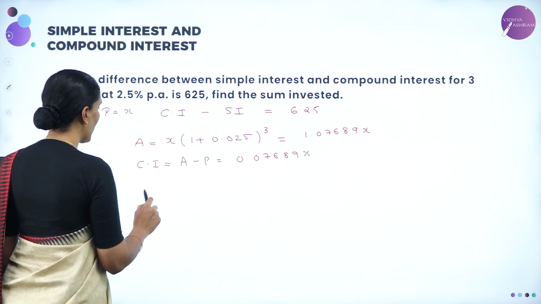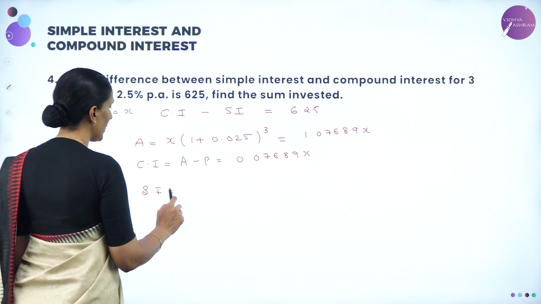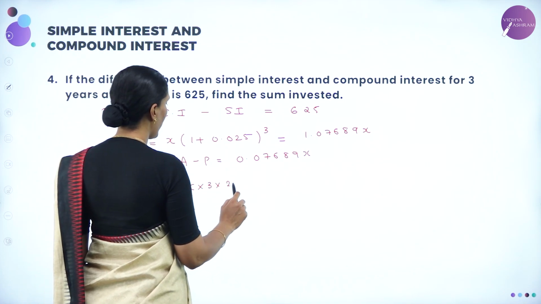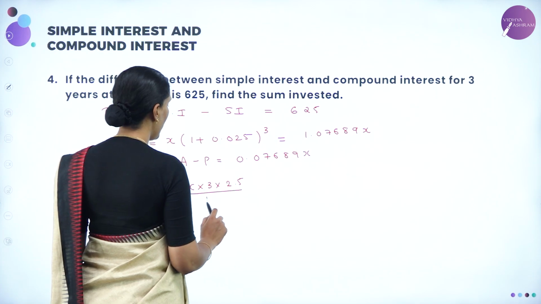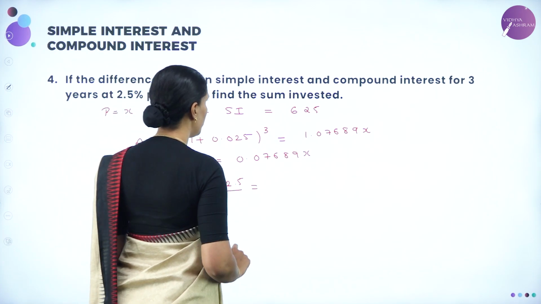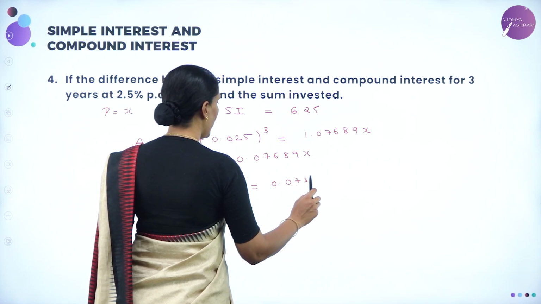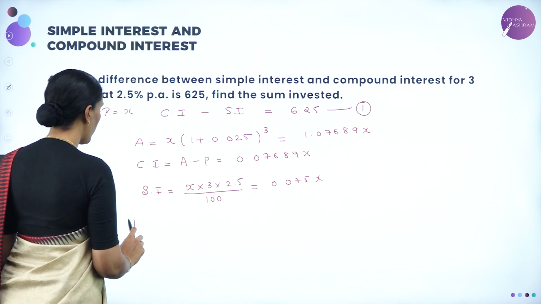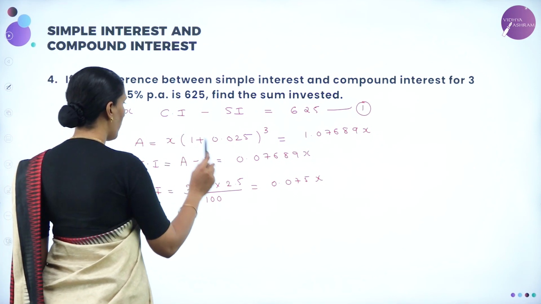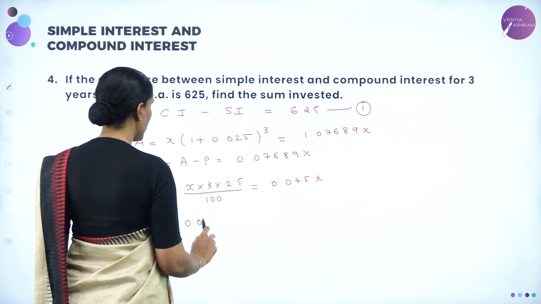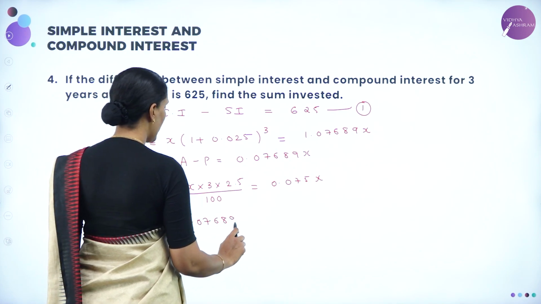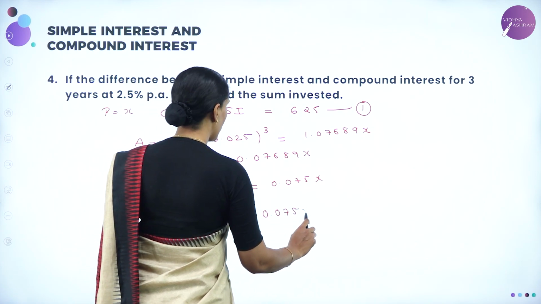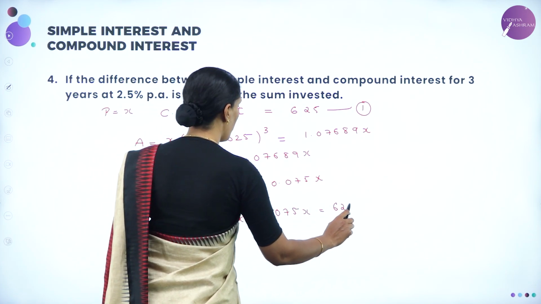Next we need to calculate the simple interest, which is PTR by 100. So x into 3 into 2.5 divided by 100. So this is equal to 0.075x. Let me consider this as equation 1. So from equation 1, the compound interest value 0.07689x minus simple interest 0.075x is equal to 625.